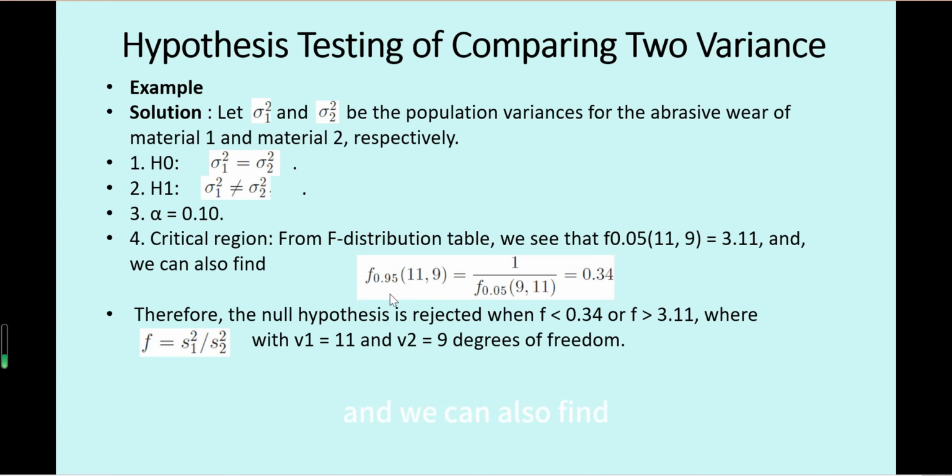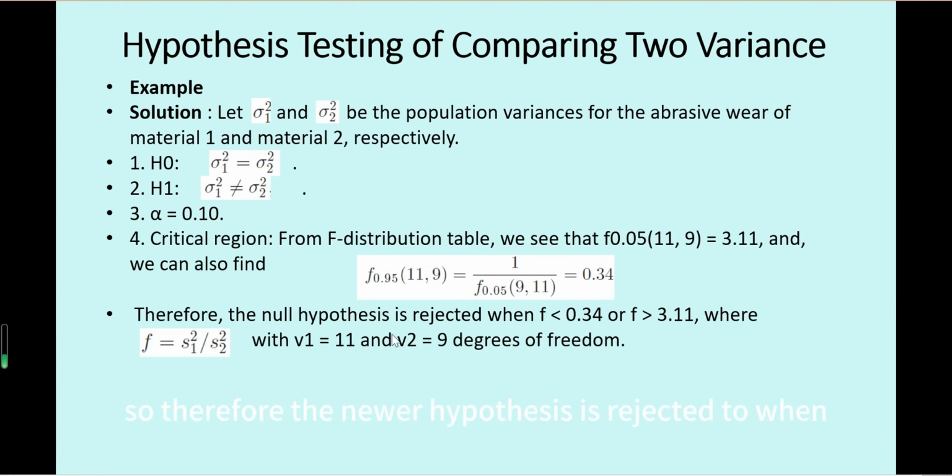We can also find F 0.95, so 1 minus half alpha, with these 2 degrees of freedom. The F distribution has a useful feature that this one equals the reciprocal of F 0.05 with the degrees of freedom exchanged. So we finally get 0.34 for this critical value.